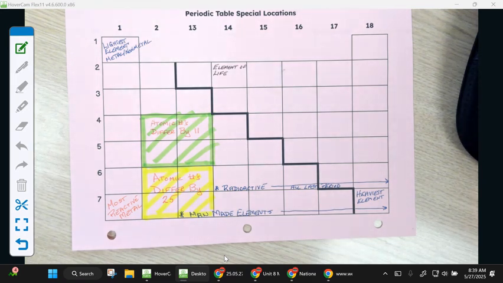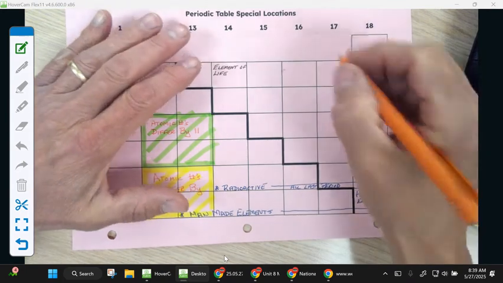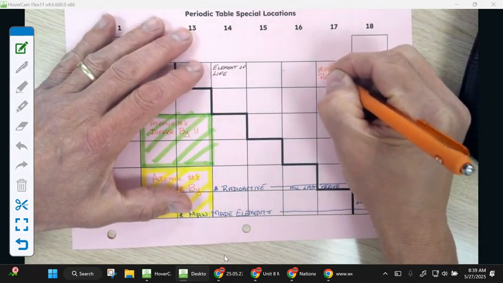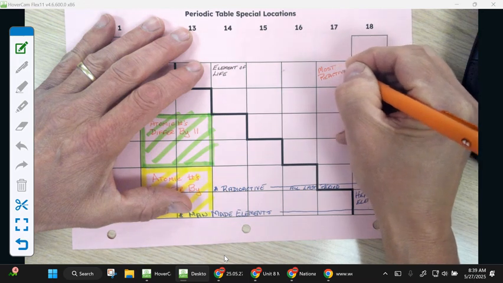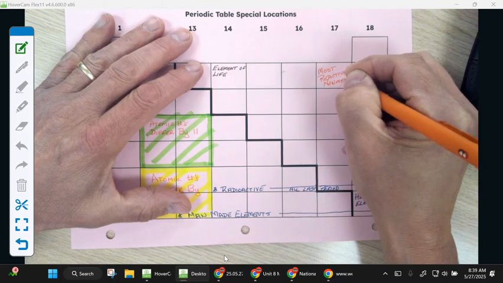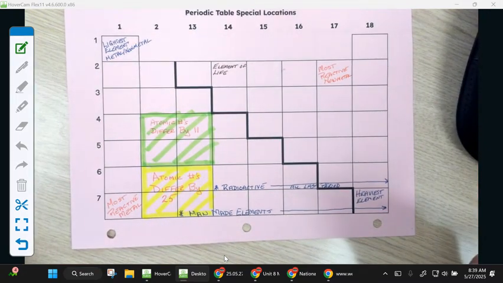Noble gases are unreactive. So where is the most reactive non-metal? Fluorine. Most reactive nonmetal is fluorine.